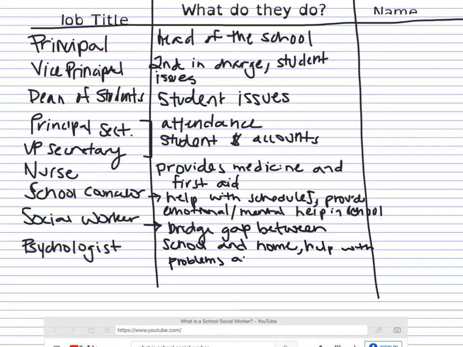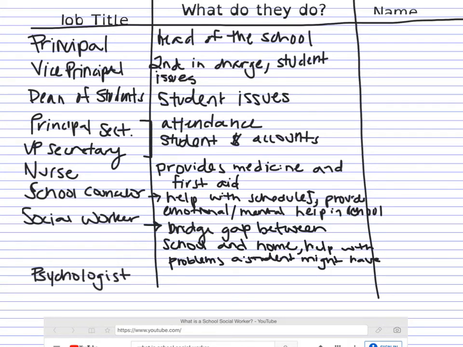So help with problems a student might have. All right, I'm going to move my psychologist down just a little bit. There we go. Now I have some extra space.